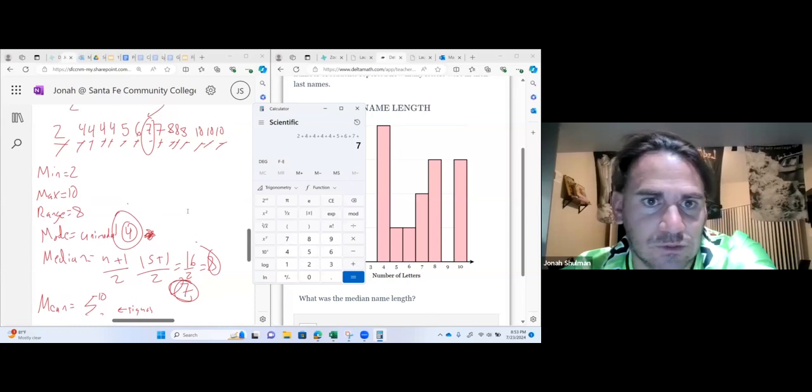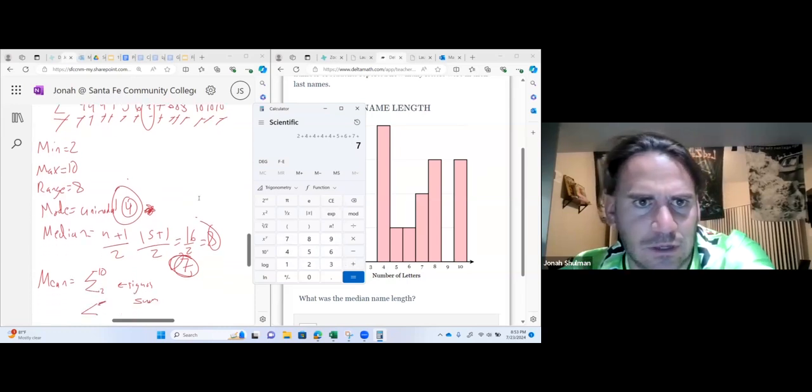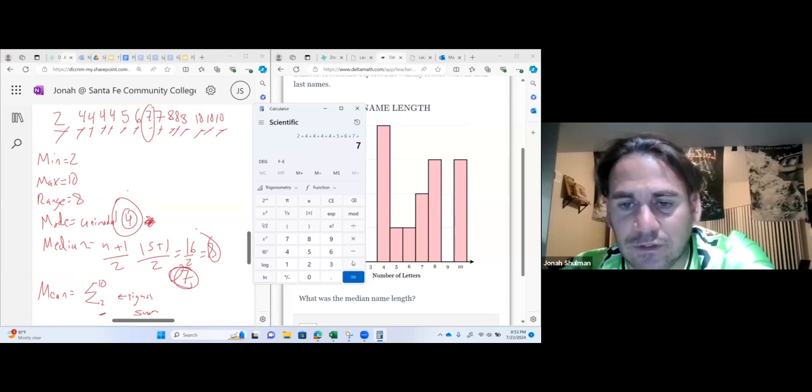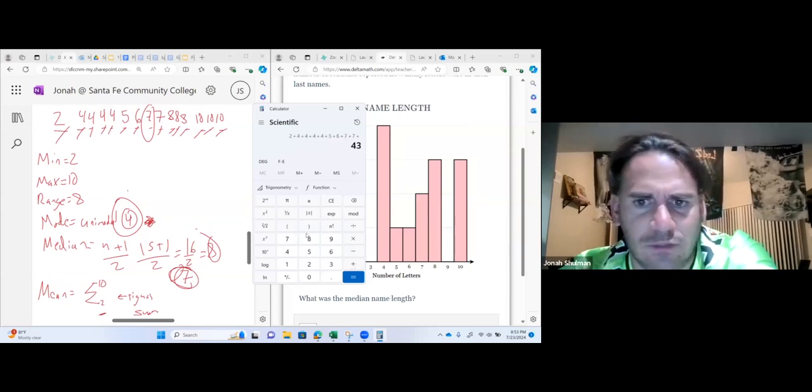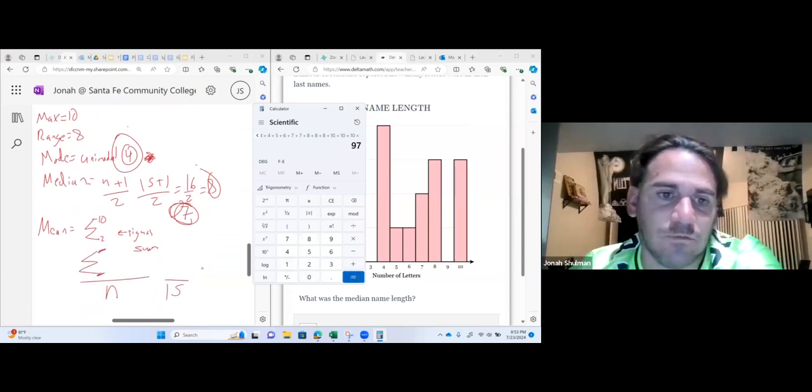And there's 3 eighths, right? And there's 3 tenths. Plus, how many sevens? Okay. Oh, I already have the 7 there. So it's plus 3 eighths, 8 plus 8 plus 8 plus 10 plus 10 plus 10. So we have a 97 divided by 15.